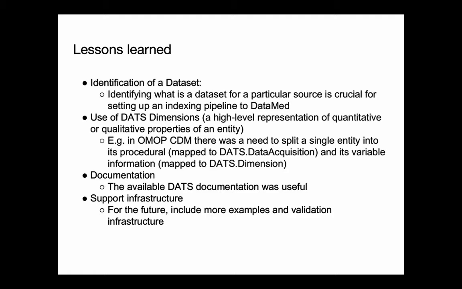We have to document better how to use the different kinds of dimensions, whether quantitative or qualitative, and how to best surface this information so that it's not overburdening or overinflating the feed to DataMed. So there is a set of optimizations that we need to look at.